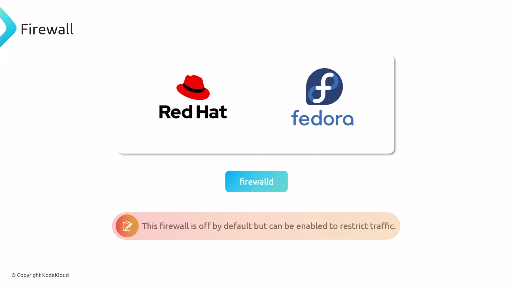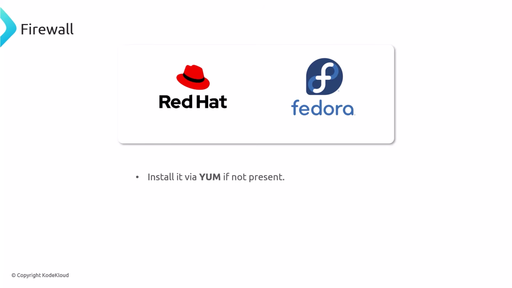In the event that it's not installed, you can do so quite easily by running the yum package manager and installing firewalld. It's also worth noting that both UFW for the Debian-based distributions and firewalld for the Red Hat distributions are really just front ends for iptables. iptables is another tool that is a lot more complicated, and it basically opens and closes ports.